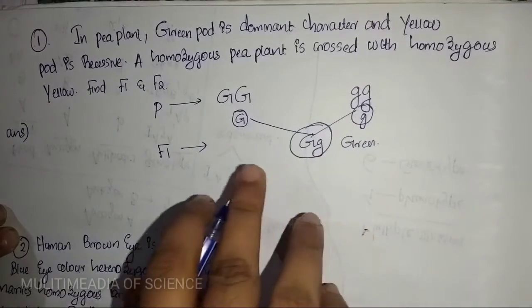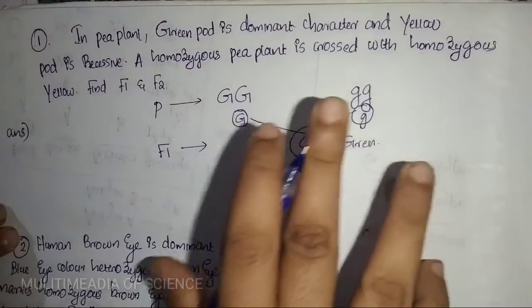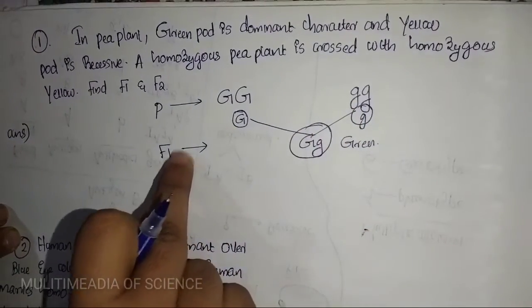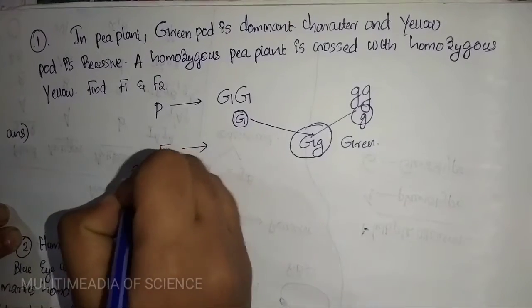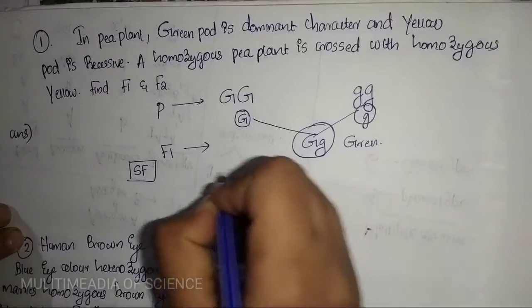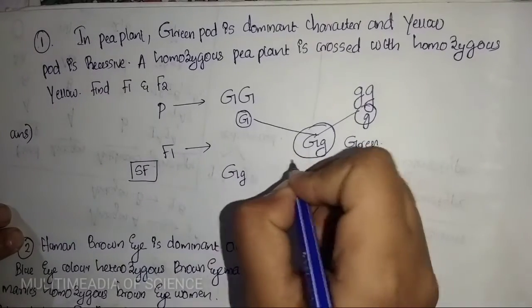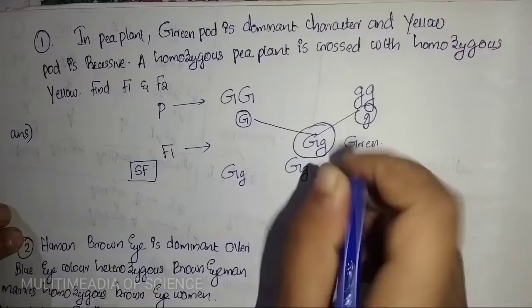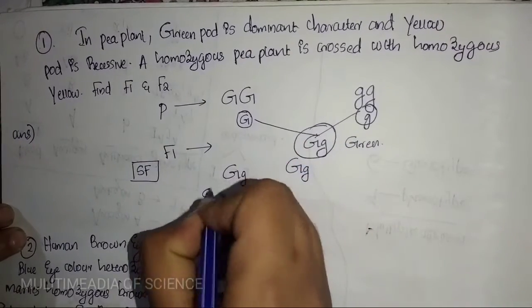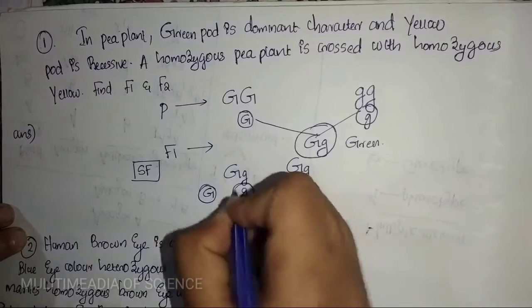And while considering the F2 generation, what is happening there? The self fertilization of the F1 generation. So self fertilization of this F1 generation will result in capital G, small g, capital G, small g. So from here we got the four gametes.